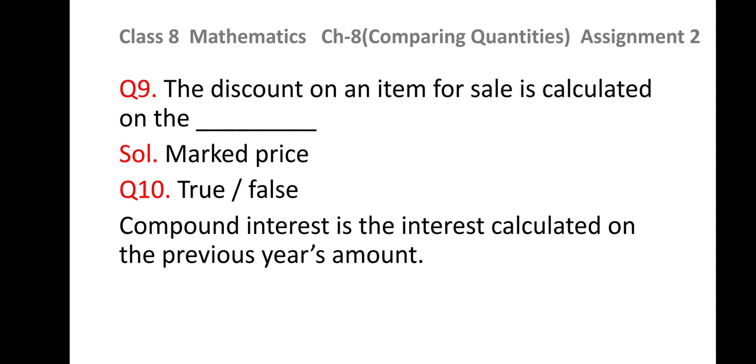But in compound interest, the amount of the previous year is the principal for the next year, and we have solved many questions on this concept. So yes, this is a true statement, because the amount of the previous year becomes the principal for the next year.